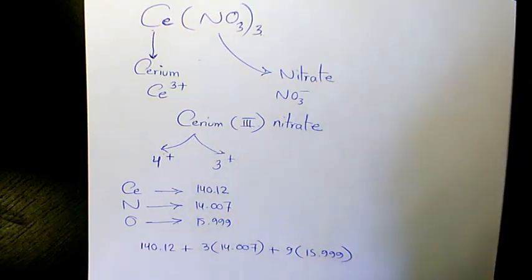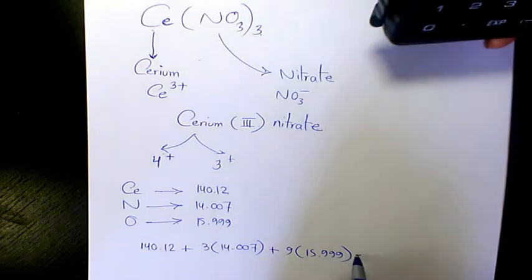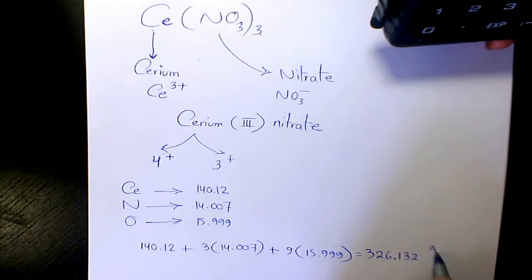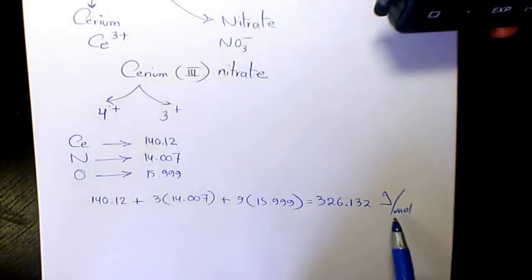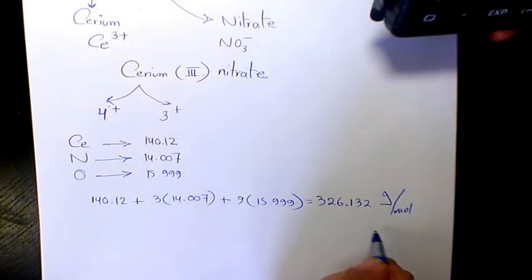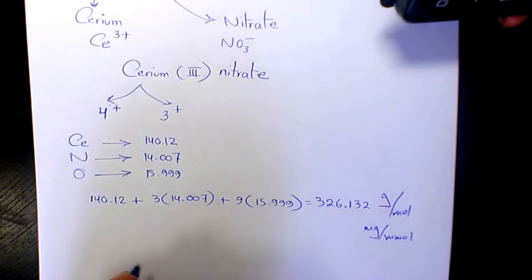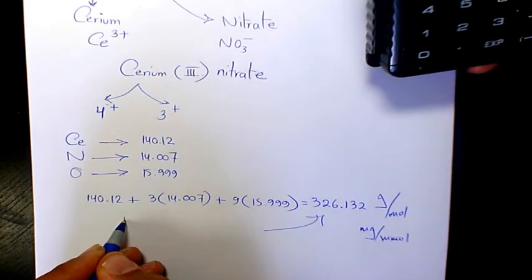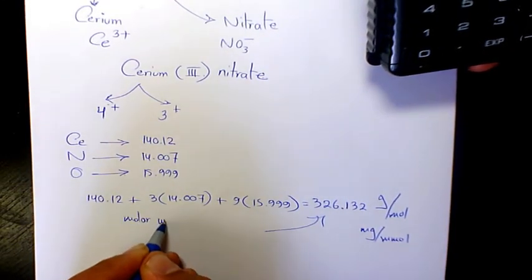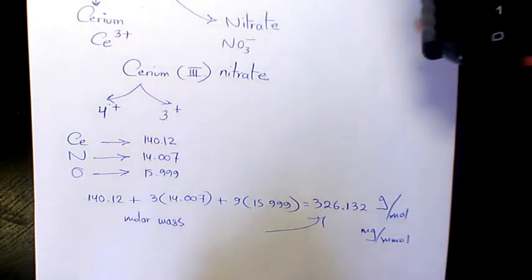That's going to be 326.132 grams per mole. That's the unit for molar mass, grams per mole, or you can even say milligram per millimole, but grams per mole is more common. So that's the molar mass or molecular mass of cerium nitrate.